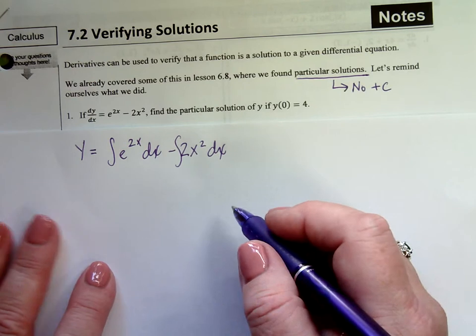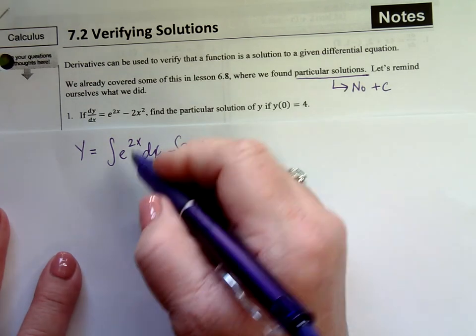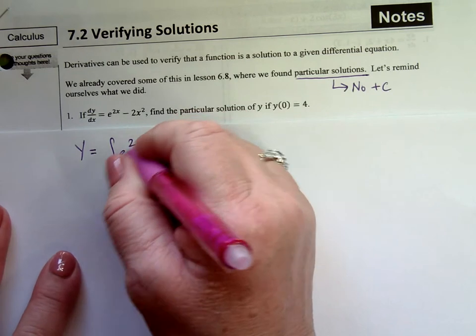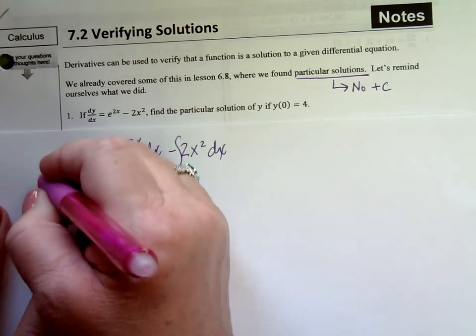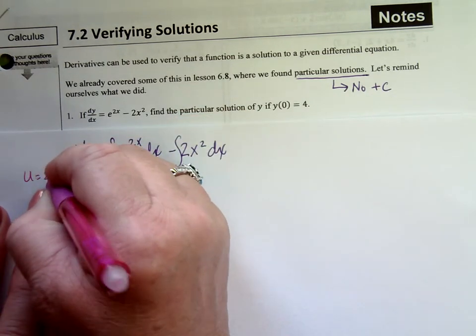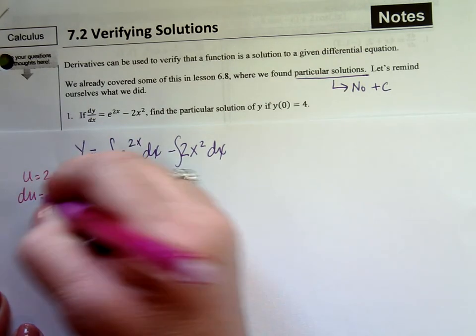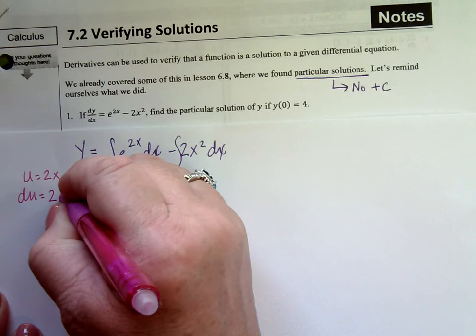Okay, so if I look at this first piece, the e to the 2x piece, we just did problems kind of like this when we did the u substitution section. So I have to put my angle, u equals the angle 2x. That means that du equals 2 dx.